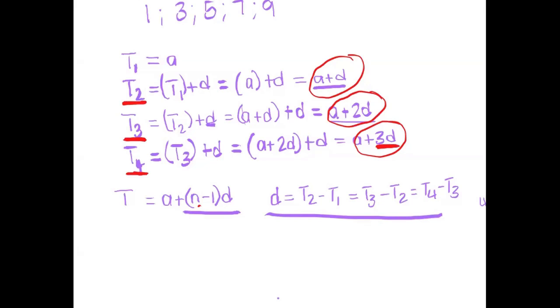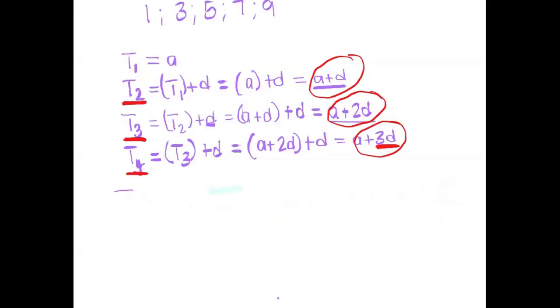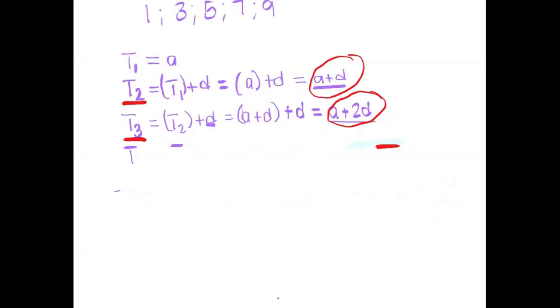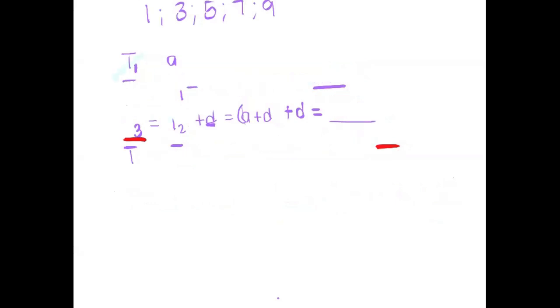Okay, now we're going to move on to, not arithmetic, I'm sorry, geometric sequences. So in a geometric sequence, the pattern that you need to understand is that there's a constant ratio, whereas in arithmetic it was a constant difference.